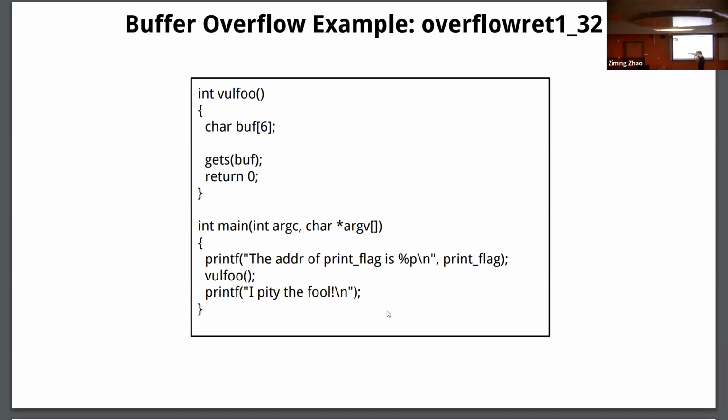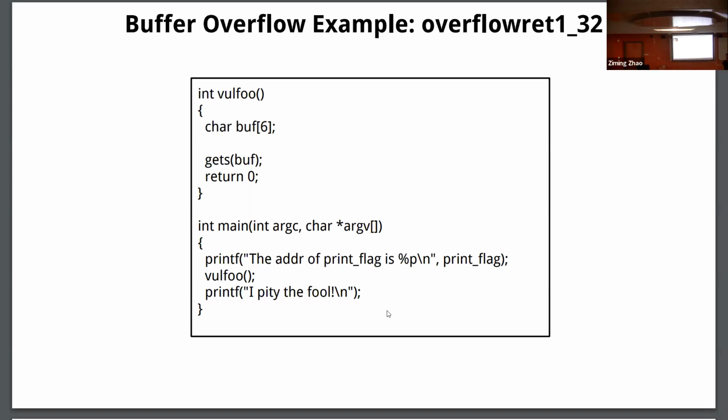After that, there will be a print of foo. The vul_foo is a very simple function with a local buffer, 6 bytes in C code. I keep saying 6 bytes in C code because the compiler may give it more bytes, and we're asking for 6 bytes. Then there is a gets function. So now we're not using strcpy, but gets.